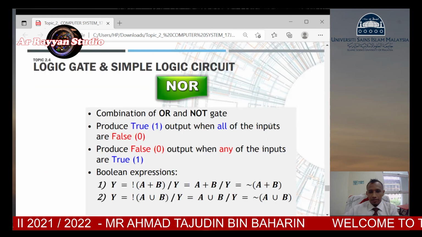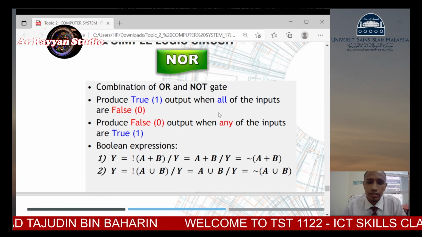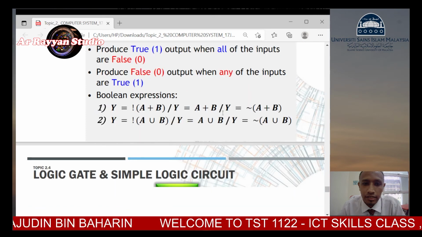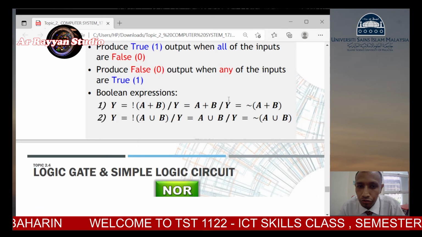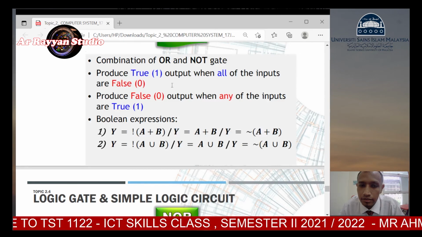Alright, good. Okay, next is NOR, combination of OR and NOT gate. Sama jugalah. Bila kita dapat OR gate tu, then bila kita sambungkan dengan NOT, dia akan jadi terbalik daripada jawapan OR.